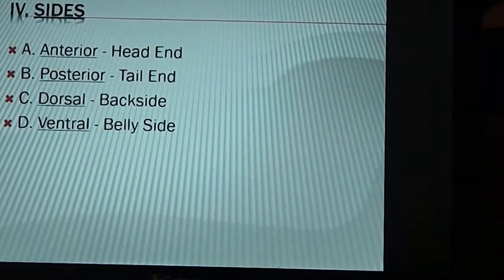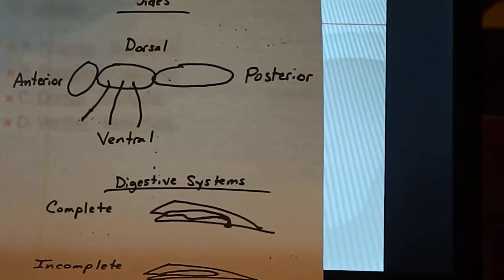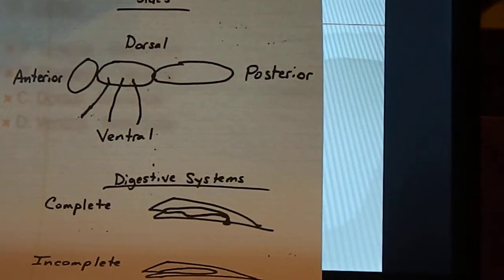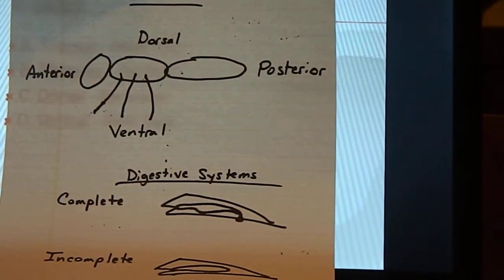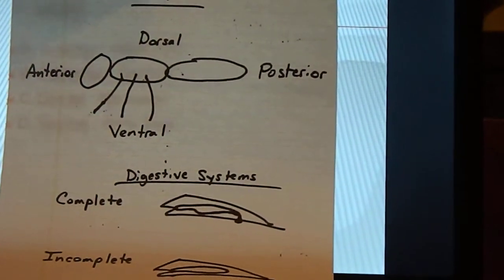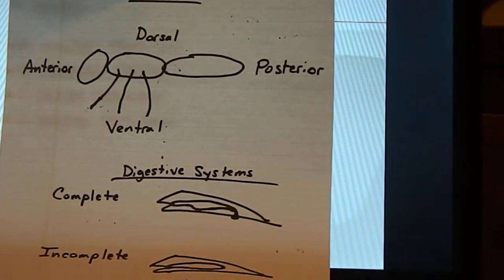Animals have sides, all right. The head end is called the anterior end or side. The tail end would be the posterior end, and dorsal, like dorsal fin, is the back.